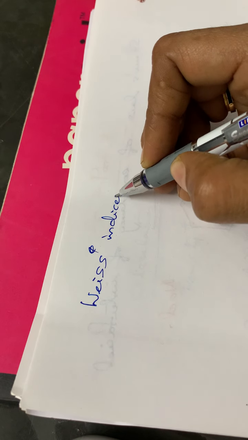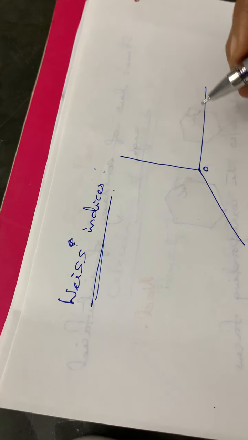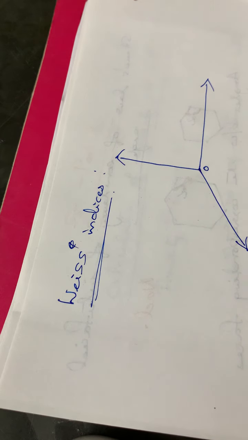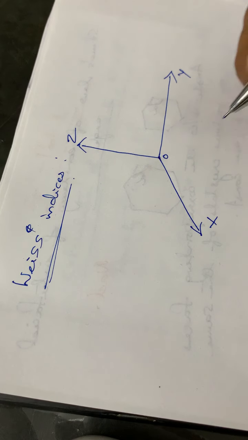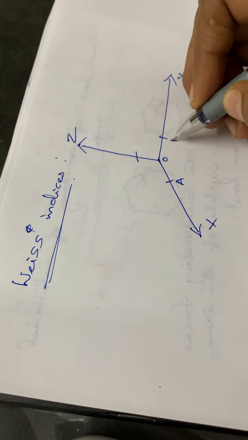So again I am drawing this diagram. The center, let it be O, then X, Y and Z, and again unit intercepts a, b and c.